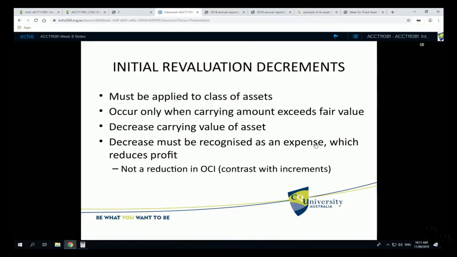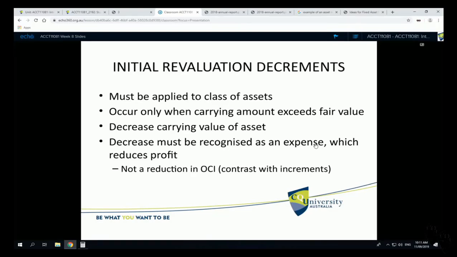If its fair value, what we actually could get for that asset, is lower, then we must decrease that carrying value to that lower amount. It's kind of similar to the concept that we looked at in inventories, net realisable value. So the lower of cost or net realisable value, it's sort of the same concept here. If the carrying amount is greater than what we could actually sell it for and recover, the recoverable amount, we need to value it down.